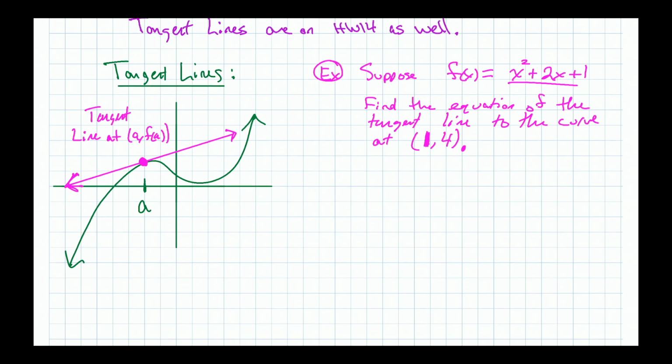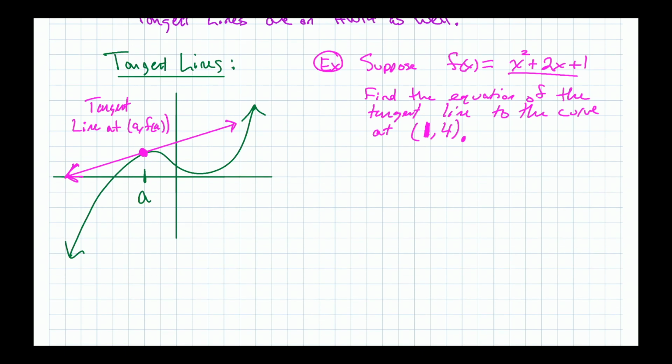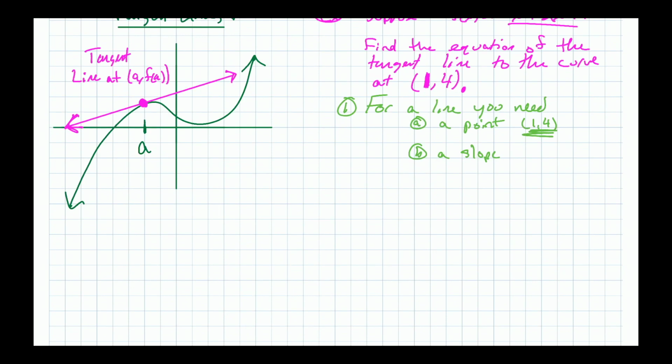Okay? Now, what you're supposed to do here is think that for a tangent line, or for any line, you need two things. A, a point, which we have, right? That's the (1, 4). And B, we need a slope. Now, how are we going to get the slope?